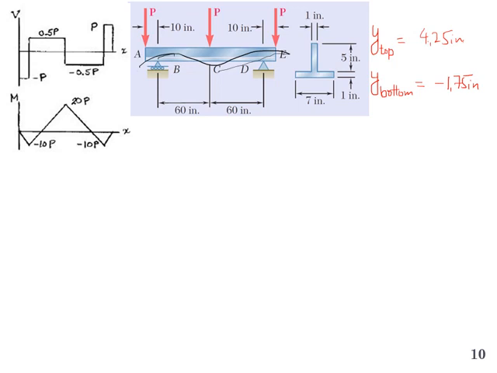Now, if you look at B point, at B the top is under tension and the bottom is under compression. But if you look at C, top will be under compression and bottom will be under tension, and the distance from the centroid of the section to Y top and bottom is not the same.